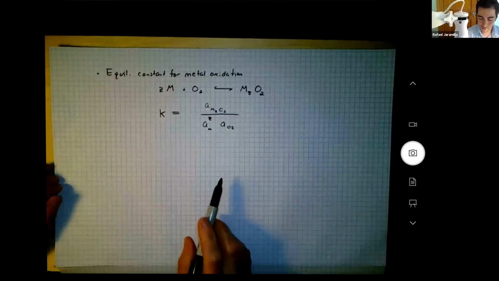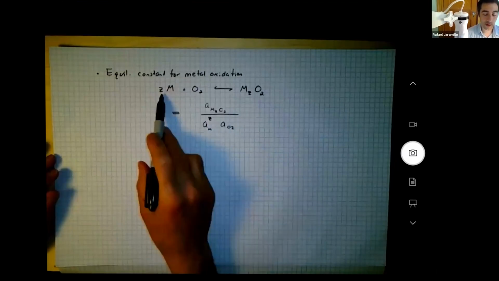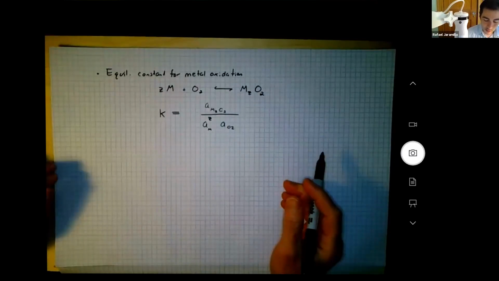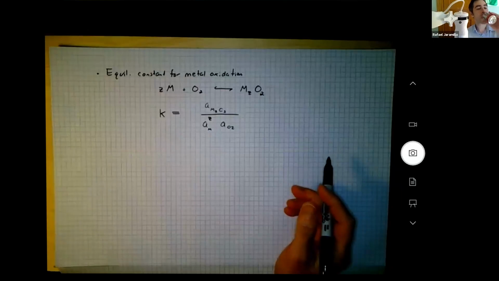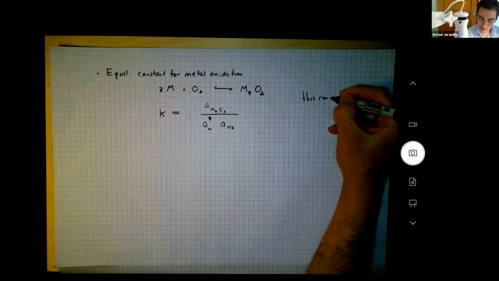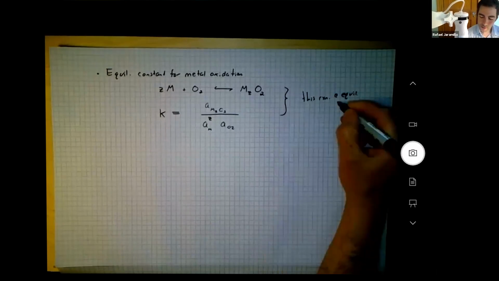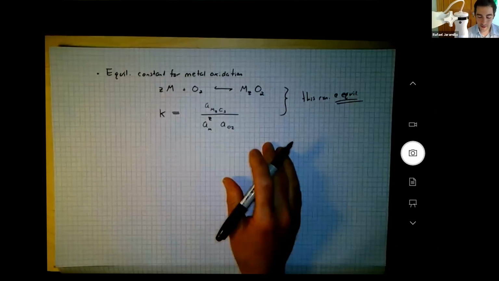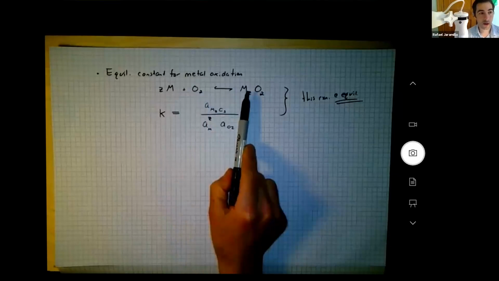The products in the numerator, reactants in the denominator. The metal is z moles of metal, so we have that activity to the power of z. And straightforward to write down. Everyone with me so far? All right, this is for this oxidation reaction at equilibrium. We're going to come back to that. This is the metal and oxygen and the oxide all coexisting at equilibrium.